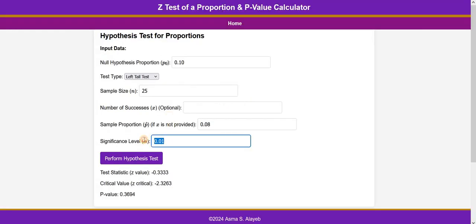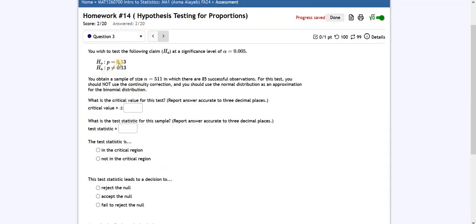What do I have so far? I know alpha, and I know 0.13 is the null hypothesis, and the type of test is a two-tailed test because there is a not equal sign. The sample size is 511 with 85 successes.